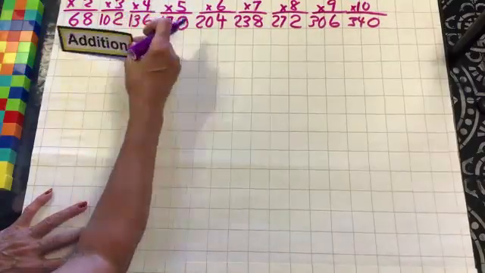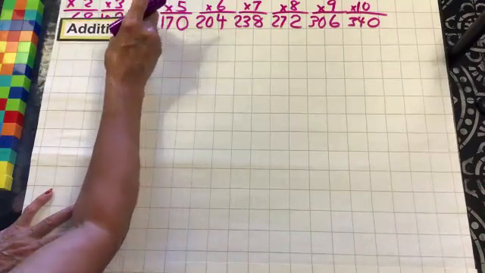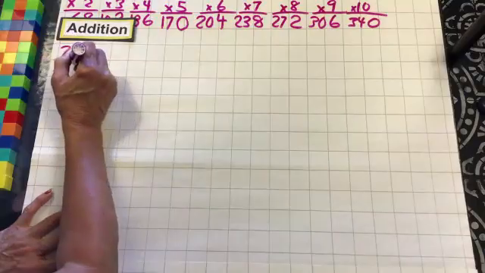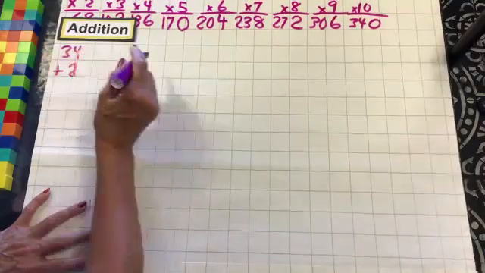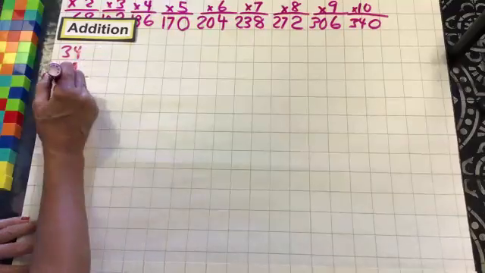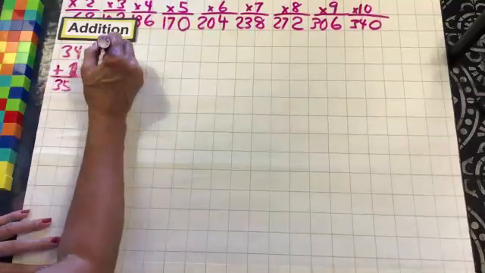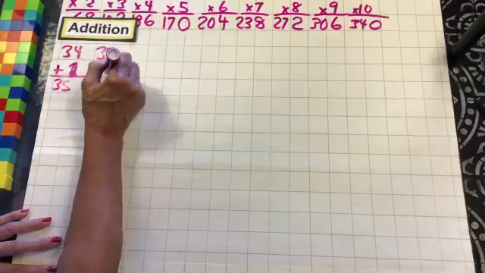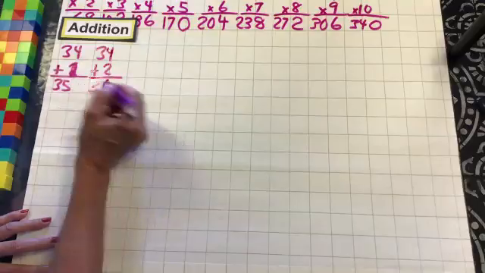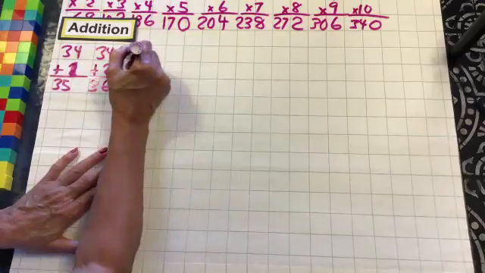We're going to do addition stacking for your benefit. So 34 plus 1 is 35. 34 plus 2. 4 plus 2 is 6. 3 plus nothing is 3, so 36.